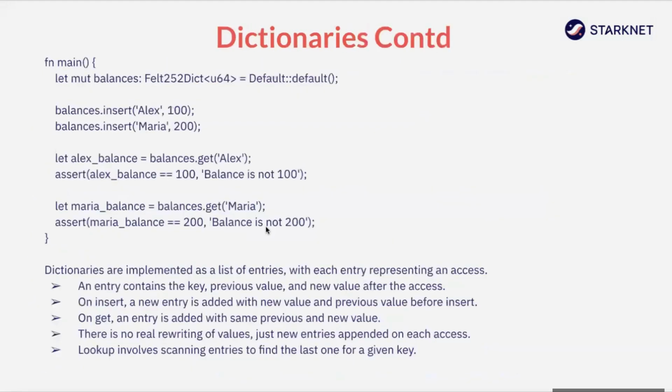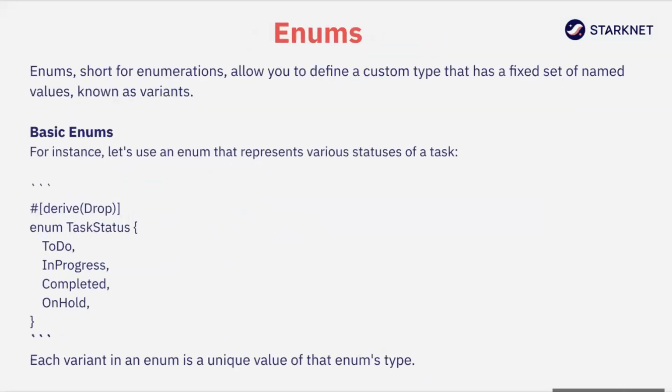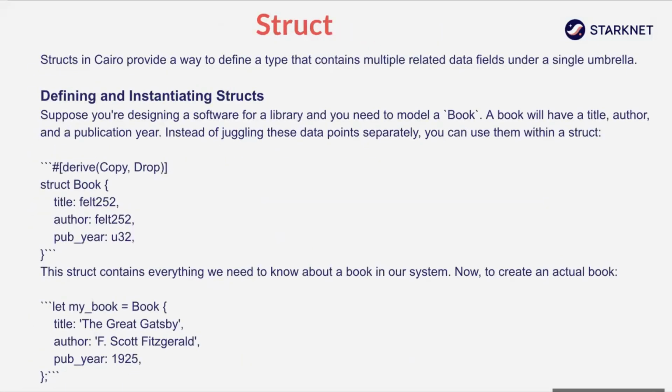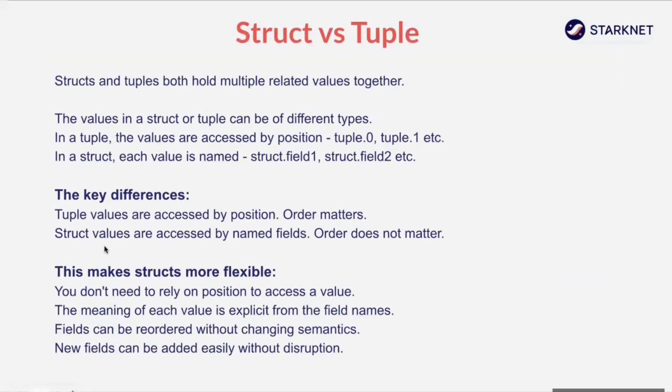But for struct, the names have to be defined, just like we have title, author, and the publication year. So the key difference is that tuple values are accessed by position, the order matters. But struct values are accessed by named fields. Just like maybe if you're very familiar with Solidity smart contracts, you can access your struct in any order. So order doesn't matter in struct.